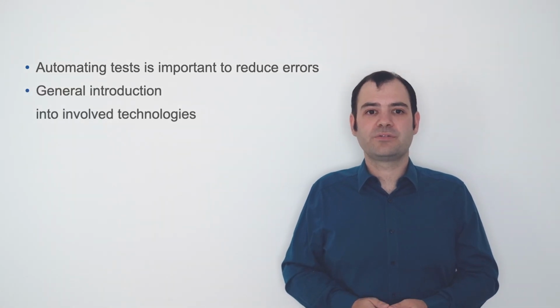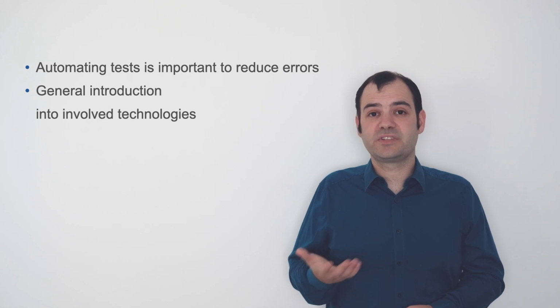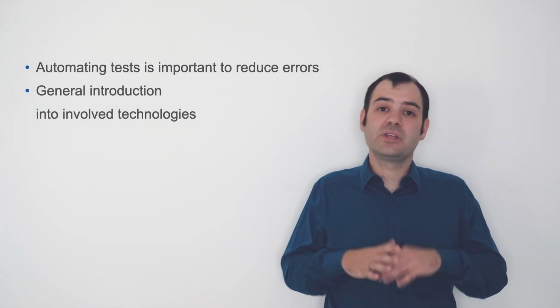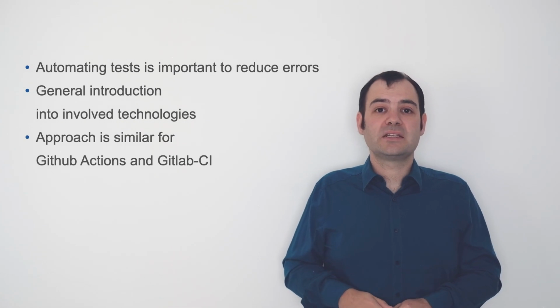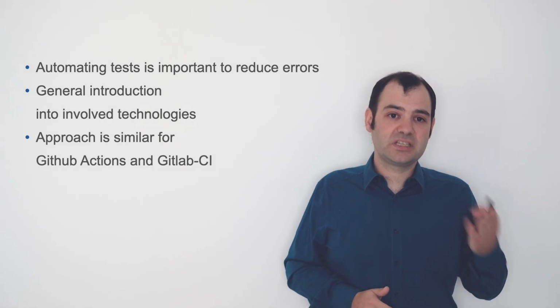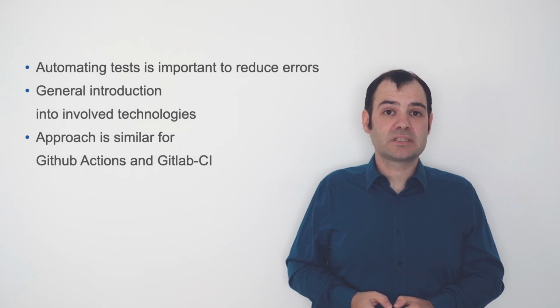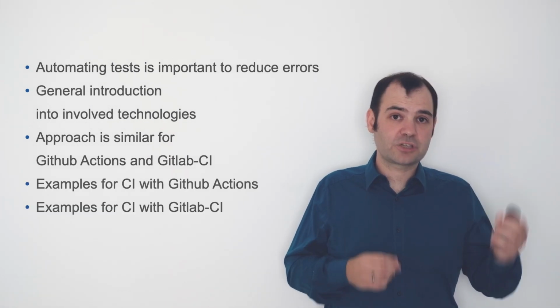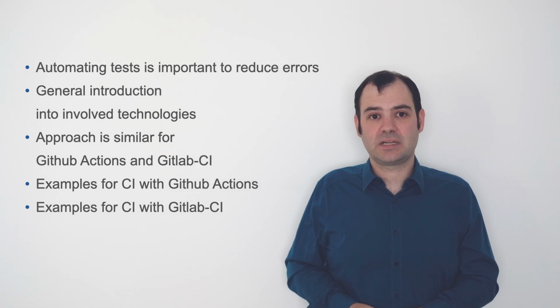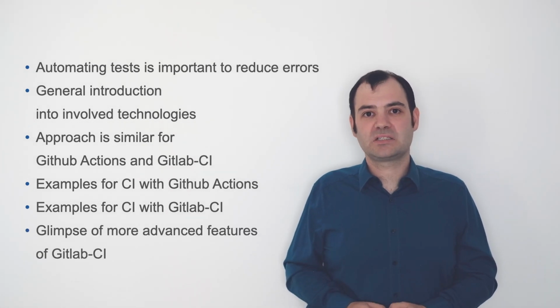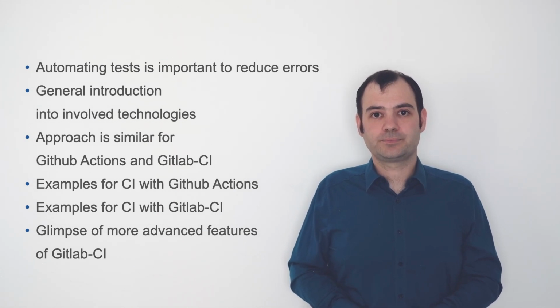Furthermore, I gave you general information on involved technologies such as YAML or Docker. I showed you the overall approach that is rather similar for GitHub Actions and for GitLab CI, and gave you examples for specifically GitHub Actions and specifically GitLab CI, and closed with a glimpse of some more advanced features of GitLab CI.